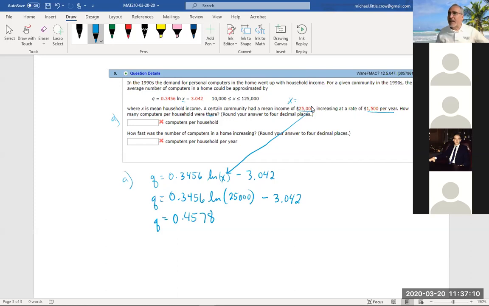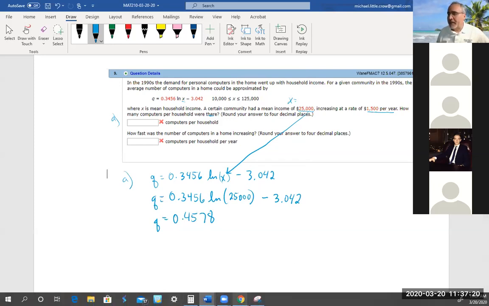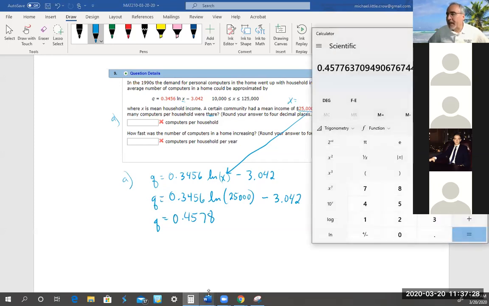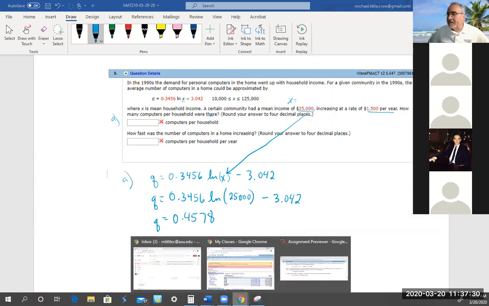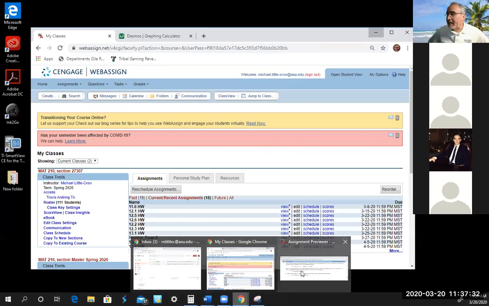Okay, what does that mean? That each household has about half of a computer. I don't know how that works, but it takes a little more than 2 households to have a computer. So out of 100 households, you'd have about 45 or 46 computers at that income level.